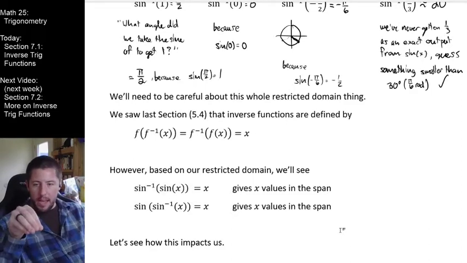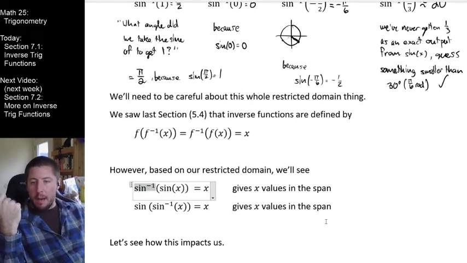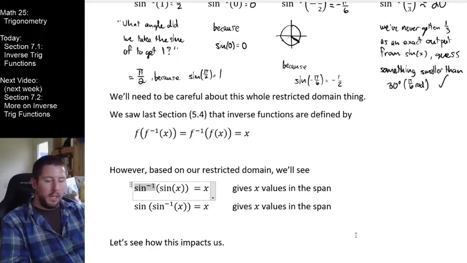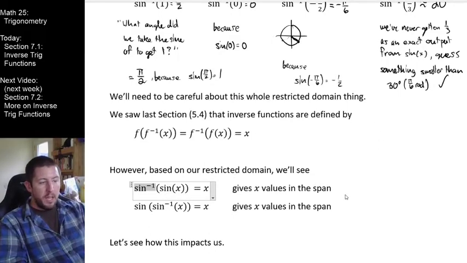That was a doing and an undoing, left us back with where we started, x. However, because our final operation was the inverse sine function, it had better be the case that we only get outputs that are associated with the inverse sine function. And we have decided, very importantly, that the inverse sine function is only going to give us outputs in the span from negative pi halves to pi halves.